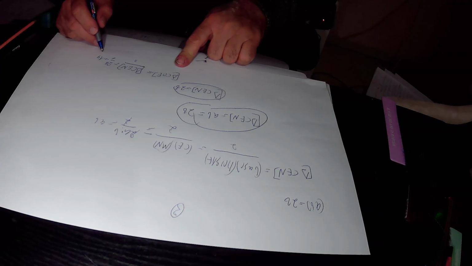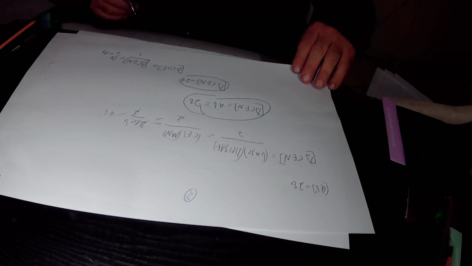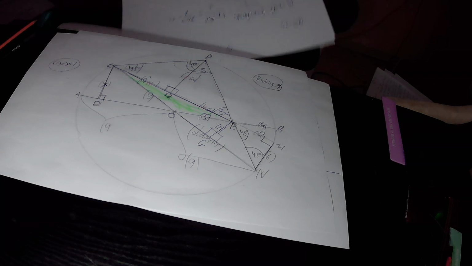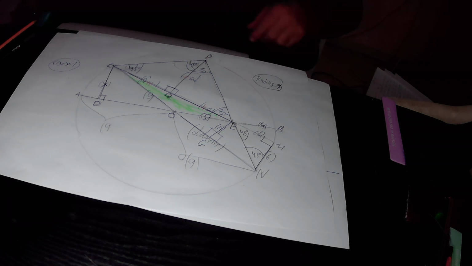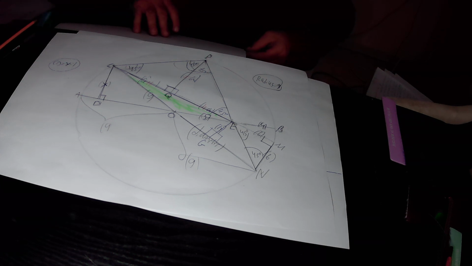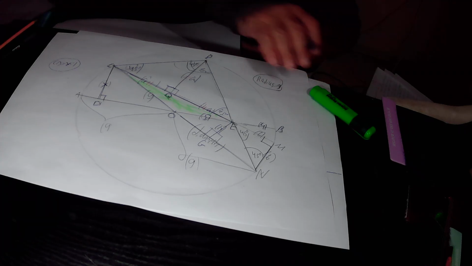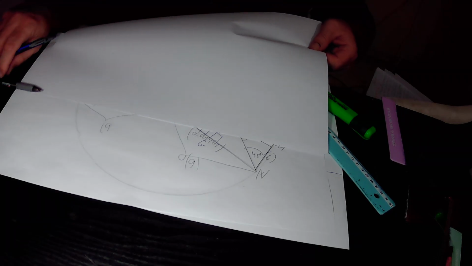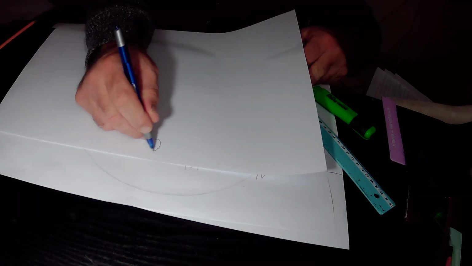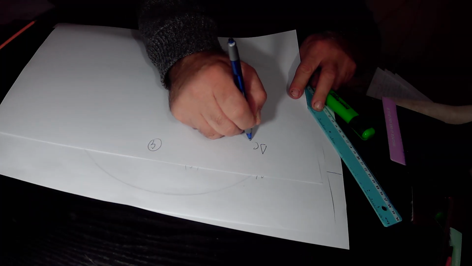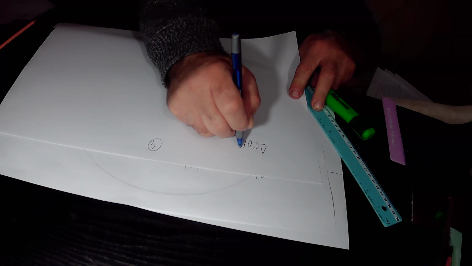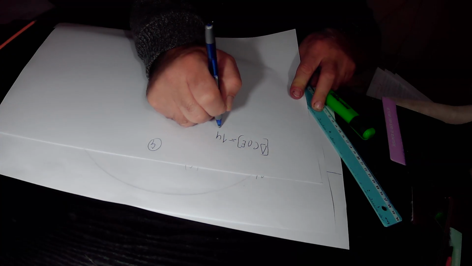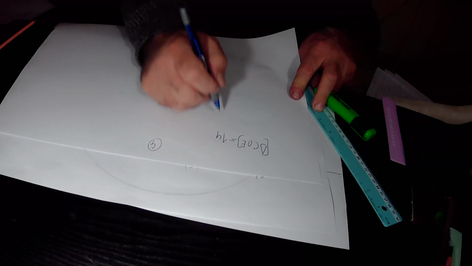Those two sides of the equation are equal to each other. So we found out that the area of the green triangle COE is equal to 14 square units in size.